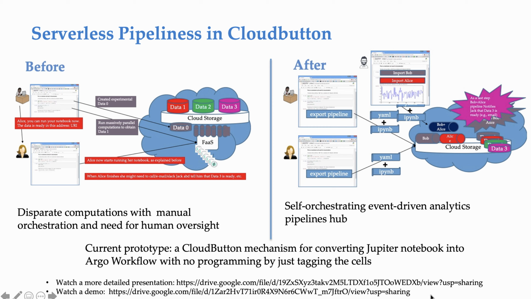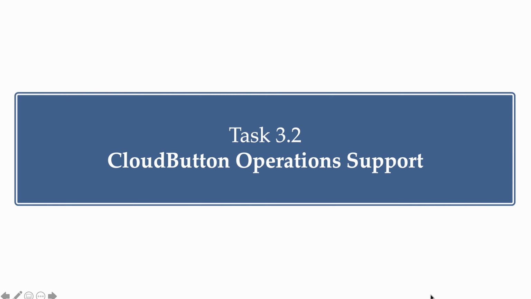We now have serverless pipelines that know how to process those notebooks. The user doesn't need to communicate with another, because they just submit those notebooks and they're executed in the cloud based on their priorities. And you can see here two links where you can see more videos and additional presentations on the serverless pipelines.